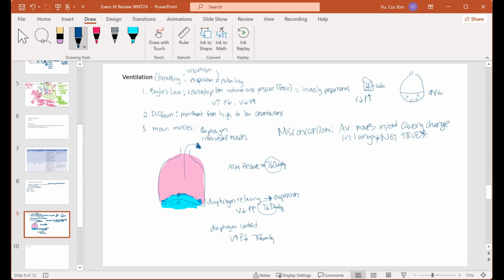When you compare the pressure of the lungs to the pressure of the atmosphere, which one is higher? The lungs is not higher, actually.